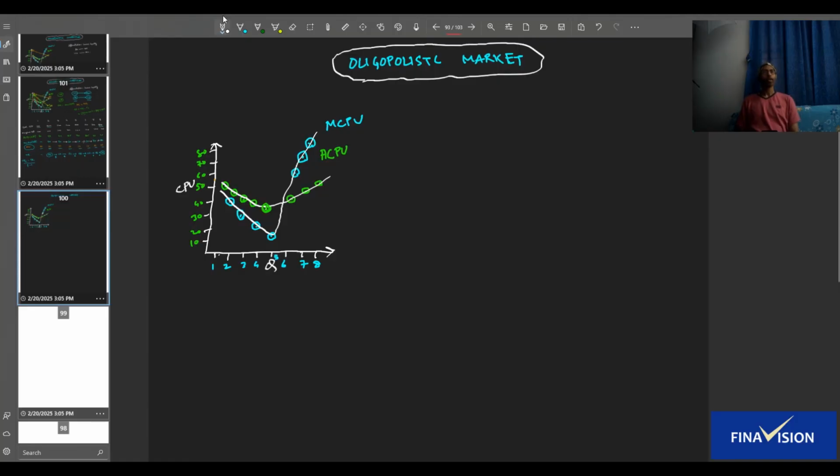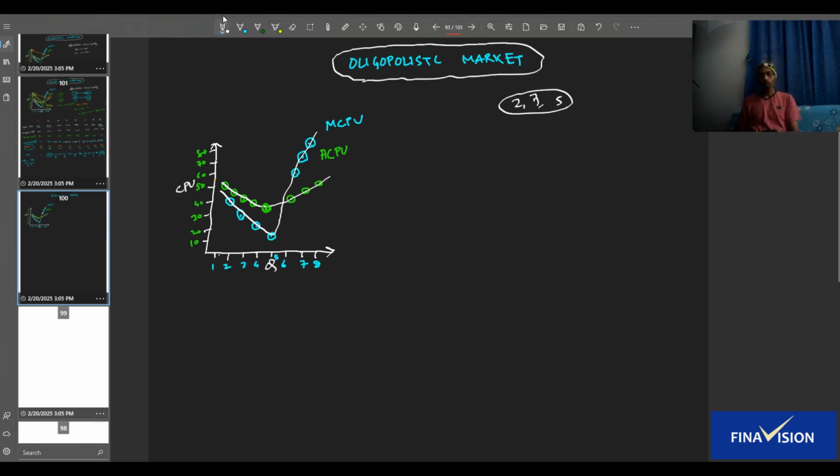An oligopolistic market means there are only a handful of players, like 2 players, 3 players, or 5 players, like that. And the product differentiation is not much there. There can be price wars, or on the negative side there can be collusion also, which we'll talk about later.